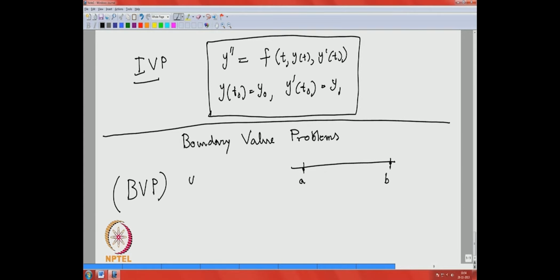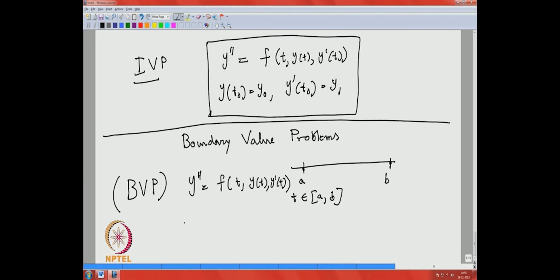So, typically a boundary value problem may look like f of t, y of t, y prime of t, for t in a b. So it is a prescribed interval, and you can have a very general boundary value problem.